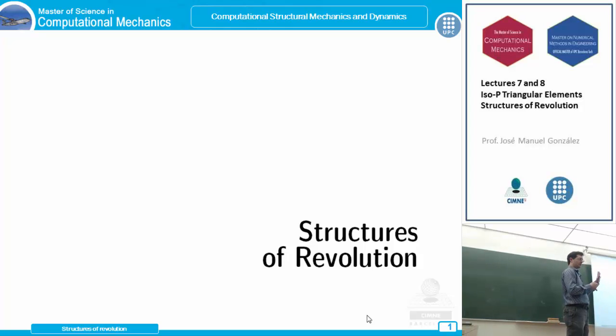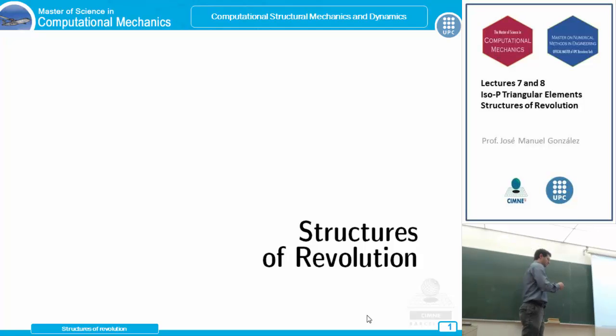Sometimes we can make a global analysis of the problem using this axisymmetric formulation, and just afterwards make a local study of the elements. And sometimes it's the opposite. We can make a global analysis using a 3D formulation, and some of the elements could be studied using this axisymmetric formulation.